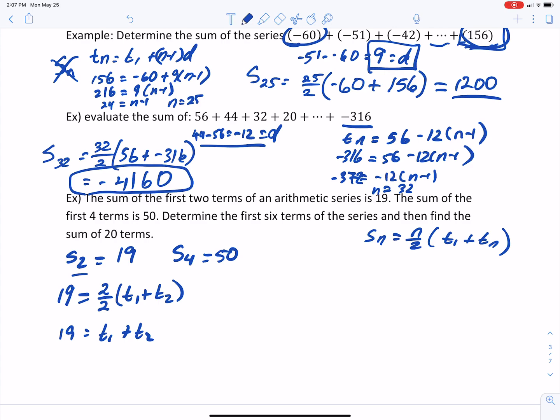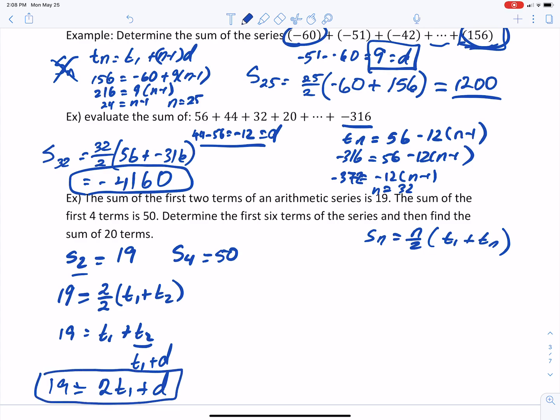And I know that term 2 is actually term 1 plus the common difference. So that tells me that 19 is actually twice term 1 plus the common difference.